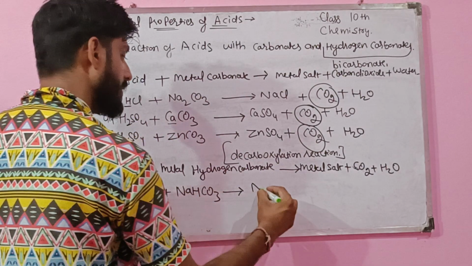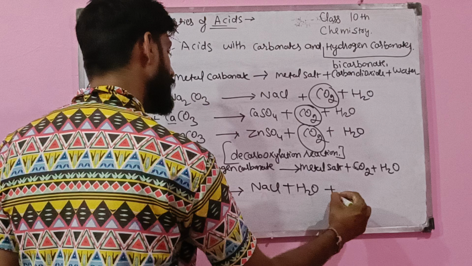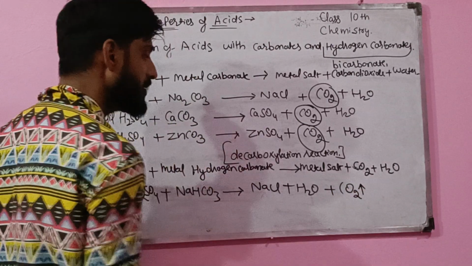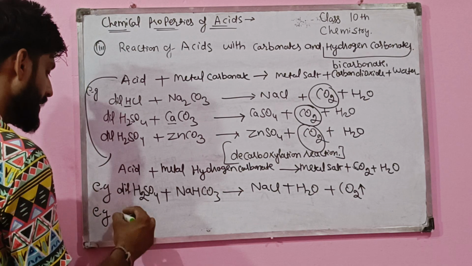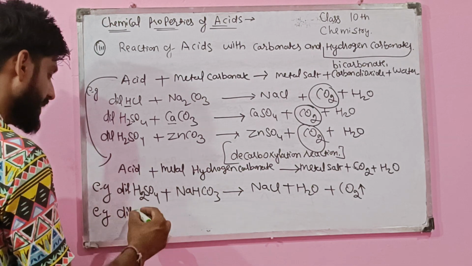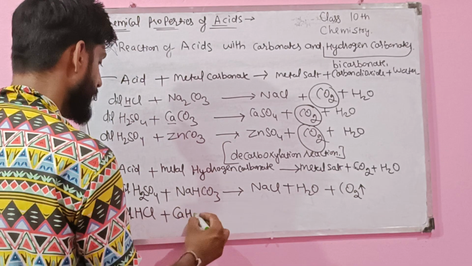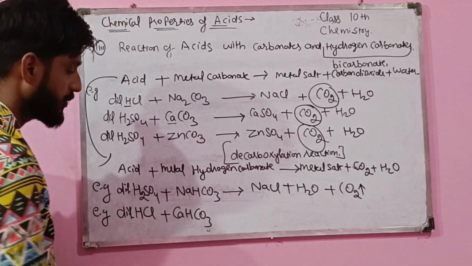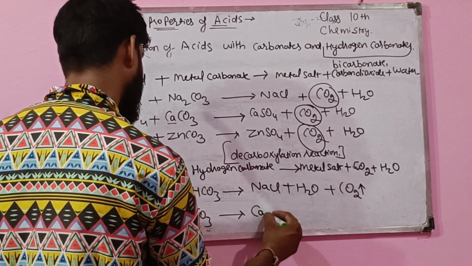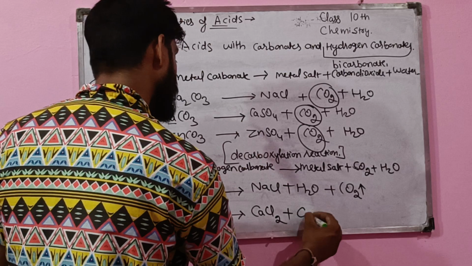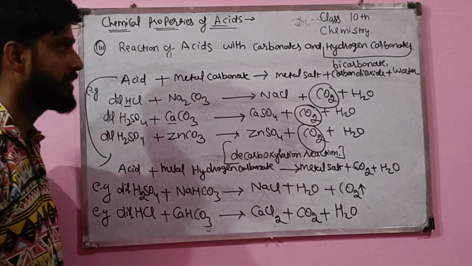So sodium chloride plus water is formed with the liberation of carbon dioxide in this reaction. Again, we can take an example with another acid: dilute HCl with calcium hydrogen carbonate reacts to give calcium chloride with carbon dioxide and water.